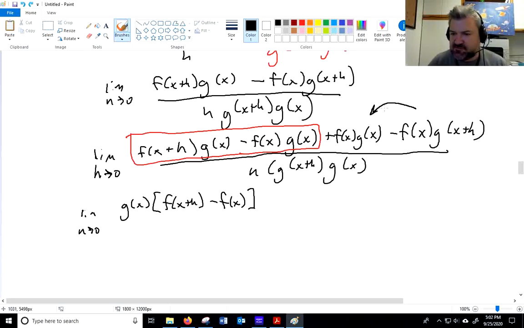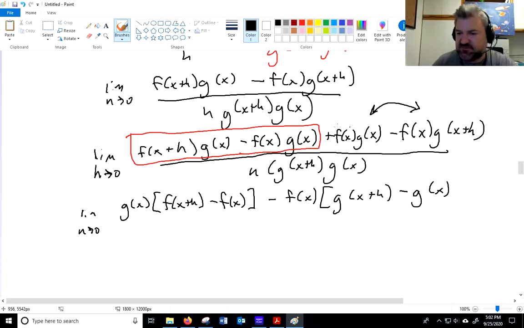If you don't mind me doing two steps at once, I'm going to rearrange this. So I'm going to pull out a negative f of x, and that's going to make this a positive g of x plus h, which I will put in front. And then that makes that a negative g of x. So I'm just factoring out a negative, which makes this negative and that positive, and then putting the positive term in front.